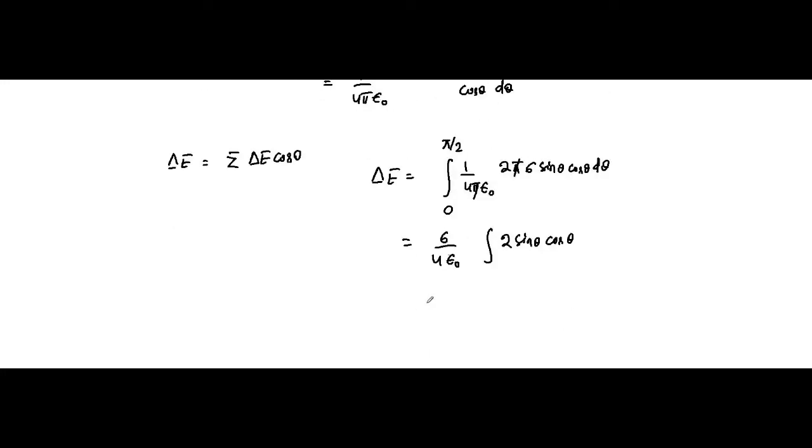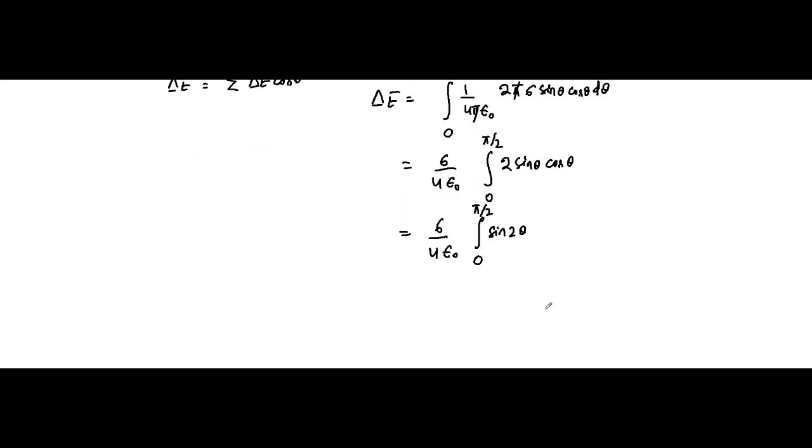So that will be equal to sigma by 4 epsilon 0, integral from 0 to pi by 2, of sin 2 theta, since 2 sin theta cos theta is sin 2 theta. So it will be sigma by 4 epsilon 0 times minus cos 2 theta by 2, from 0 to pi by 2.